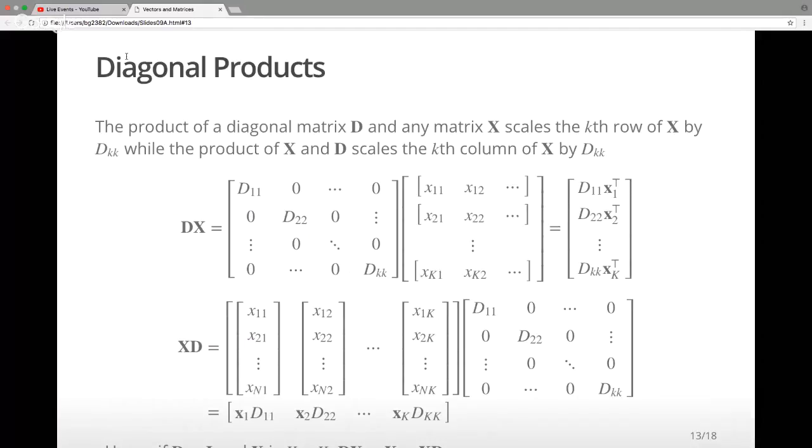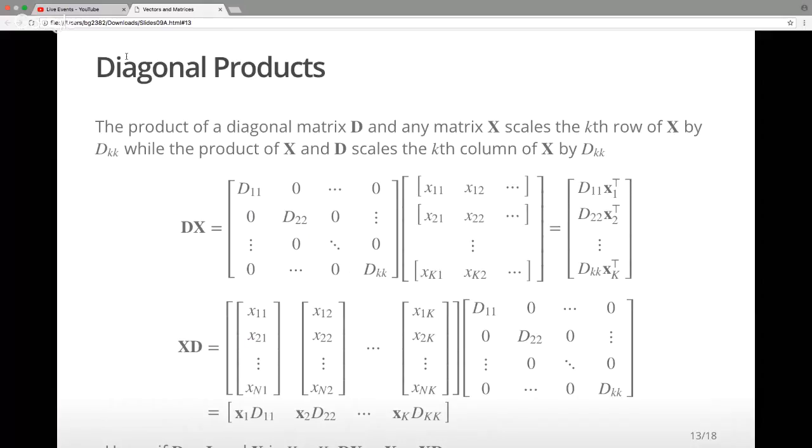Conversely, if we take some matrix X and multiply it on the right by a diagonal matrix D, then we look at things column-wise like this. Each column of the matrix on the left, X, is being scaled by the corresponding diagonal element of D. So we get the first column of X multiplied by D11, second column of X multiplied by D22, last column of X multiplied by DKK.